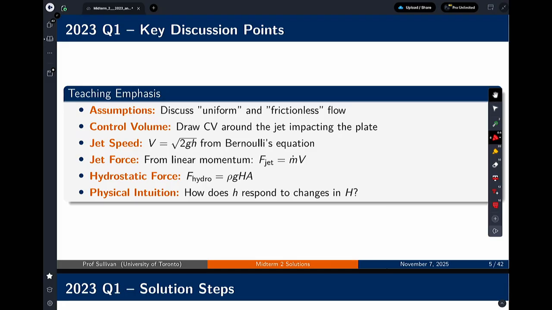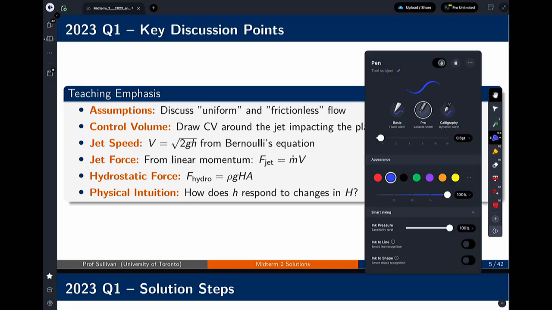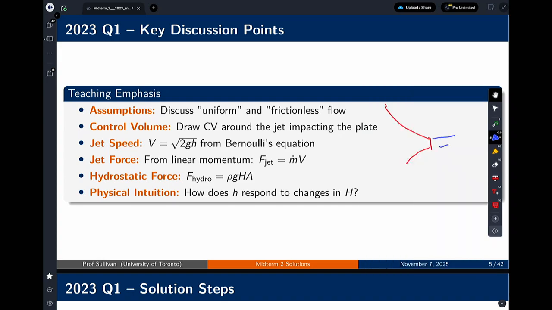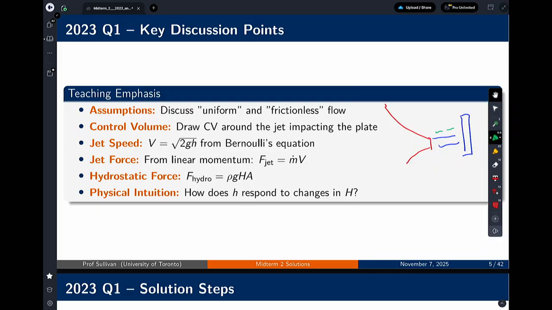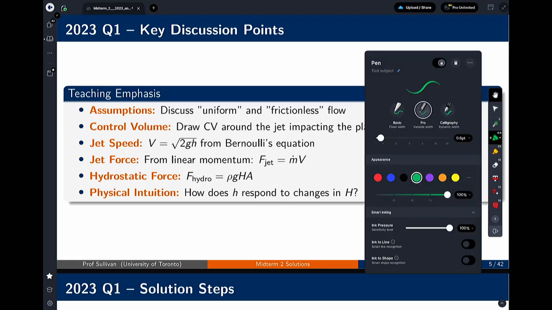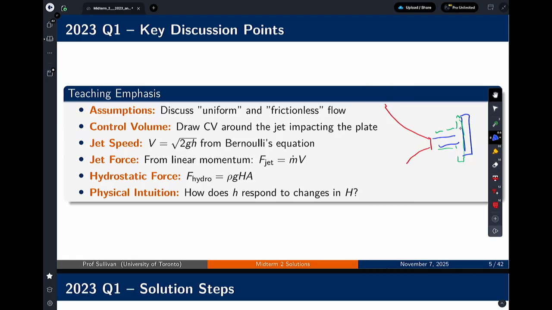We're going to draw CVs. I haven't drawn a CV on this one, but we got fluid coming out, and it impacts against the plate, and my CV is basically going to be the fluid coming out.